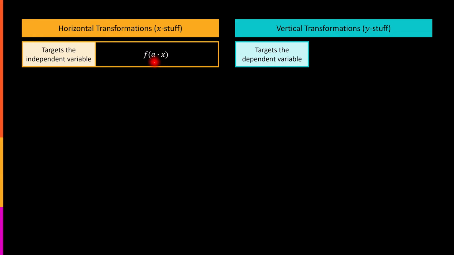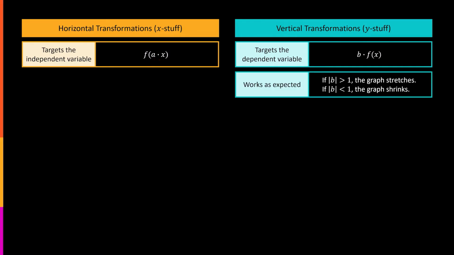So here, when we targeted the X stuff, the way you can tell it's a transformation is because we're multiplying by some number. Same with the vertical bit. The Y stuff happens after the F, so the B is outside that's being multiplied. So here, this is the Y stuff because it's outside the F of X. Here, because I'm multiplying by something inside the parentheses for the F of X, that's how you know it's the X stuff.